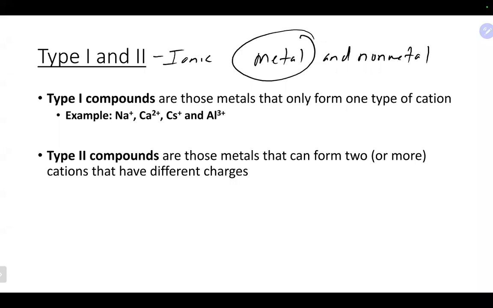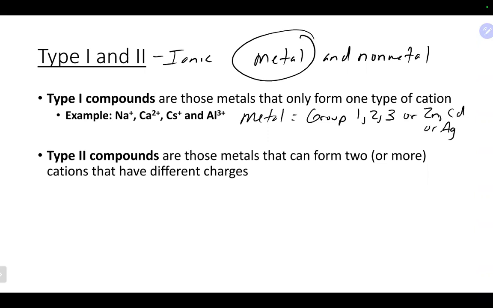So what makes something a type 1 compound versus a type 2 compound? A type 1 compound, you look at the metal, and the metal comes from either group 1, 2, or 3, or zinc, cadmium, or silver.